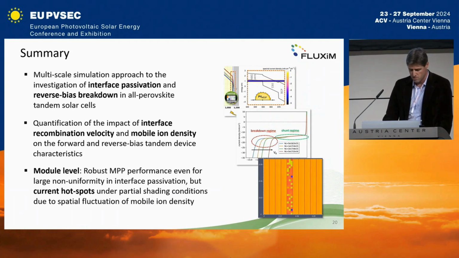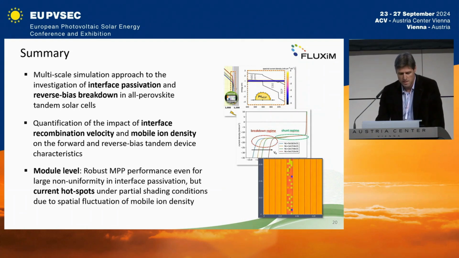And this can then be used on module level to look into the situation, which appears to be robust at maximum power point, even for large non-uniformity of interface passivation. But in the reverse, under partial shading conditions, you see the appearance of these localized current hotspots due to this spatial fluctuation of mobile ion density.